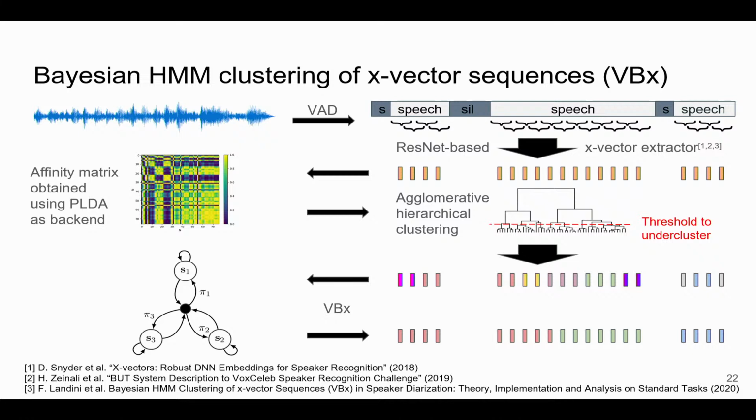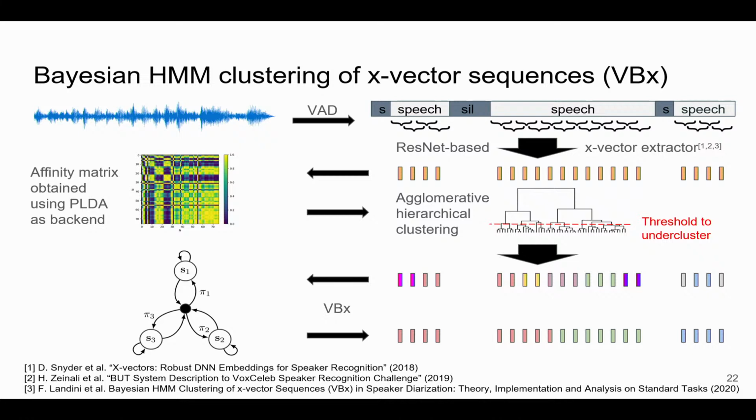And then we would use x-vectors. Back then, in 2019, we had quite a strong ResNet-based model that had very, very strong results in the VoxCeleb speaker recognition challenge. So we use that technology. And then you extract one speaker embedding for each of those little segments.